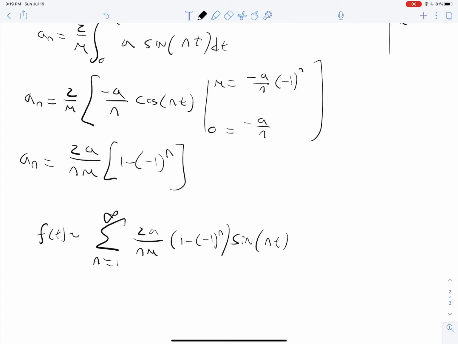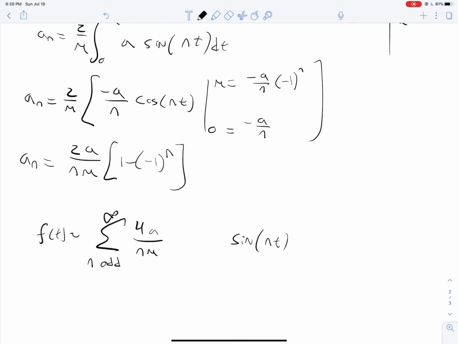This would be accepted, but one little tweak to make things look neater is to recognize that this term, 1 minus negative 1 to the n, will evaluate to 0 for all even n, and will evaluate to 2 for all odd n. So what we can do is get rid of it, change that to a 4, and make this just say n odd. It's a little weird, but that works.